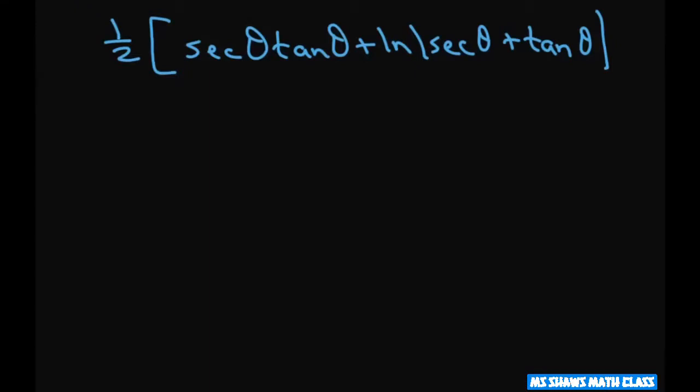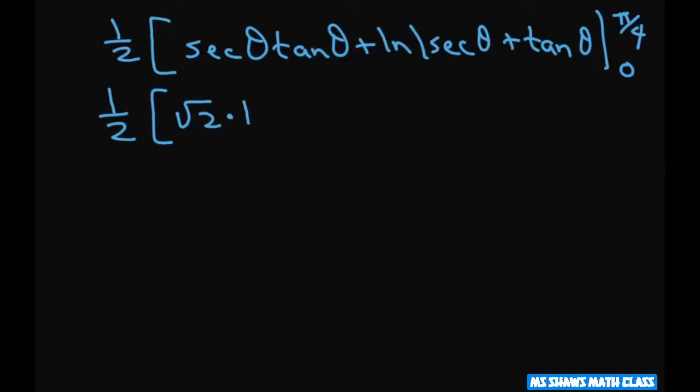And we want to evaluate that from 0 to pi divided by 4. So that's going to give you 1/2. And let's start with pi over 4. Secant of pi over 4 is square root of 2. Tan of pi over 4 is 1.